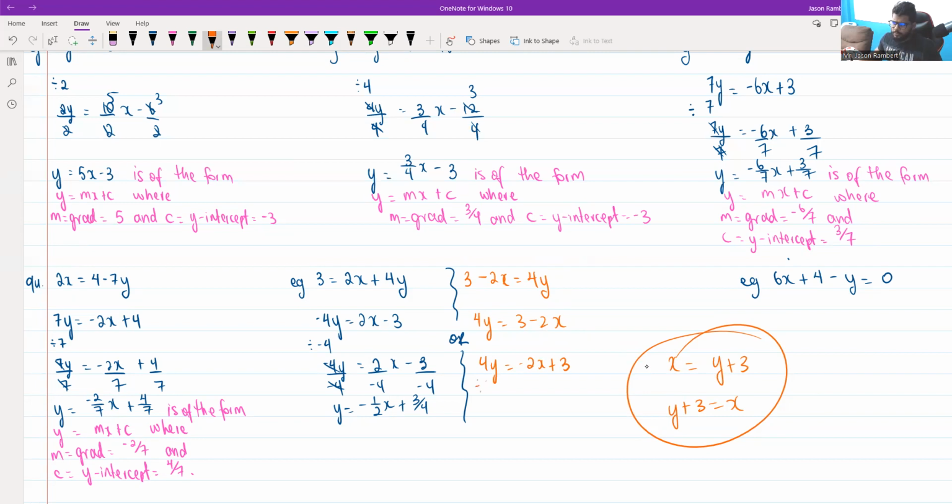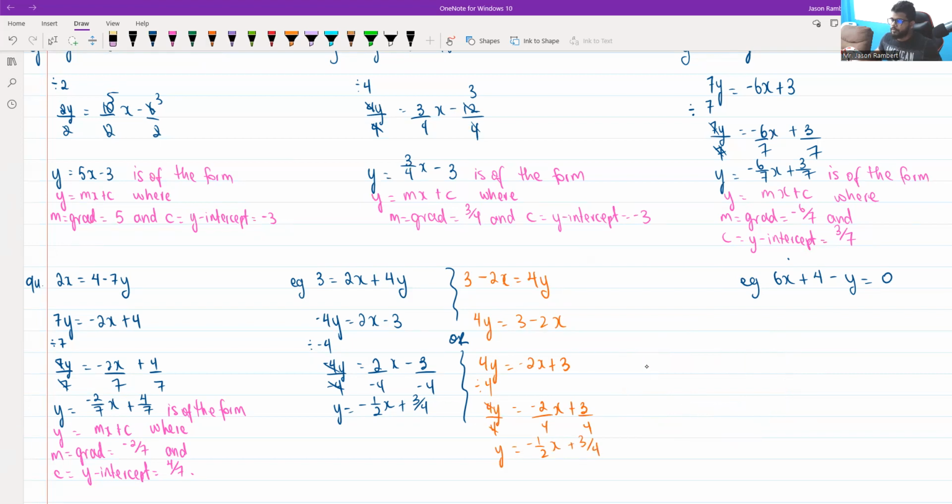I'll just divide by 4 now. 4y over 4 is minus 2 over 4x plus 3 over 4. Bam, bam. y is equal to minus a half x plus 3/4. I get the exact same answer using a slightly different method.